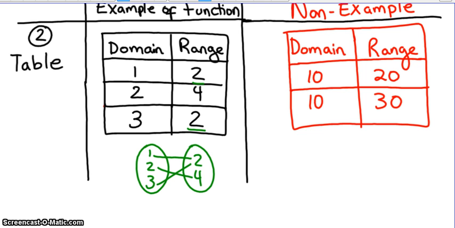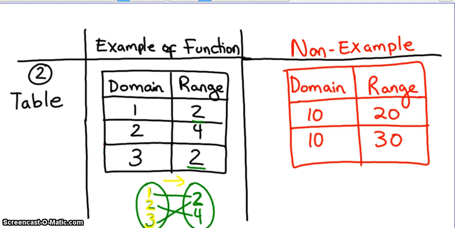Now even though 1 and 3 both go to 2, it's okay, because if you go back to the definition, each input here, so 1 only has one output, it goes to 2. 2 only has one output, it goes to 4. And 3 only has one output, it happens to go to 2 as well. And that's okay. As long as each one of these only goes to one thing on the output circle, we're good to go. It follows the definition.